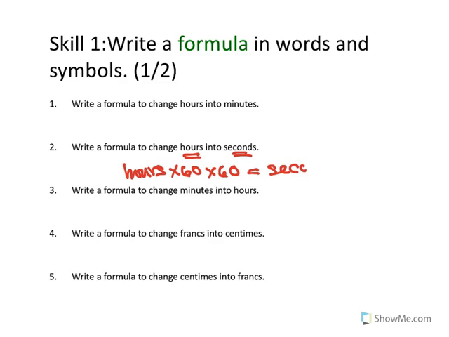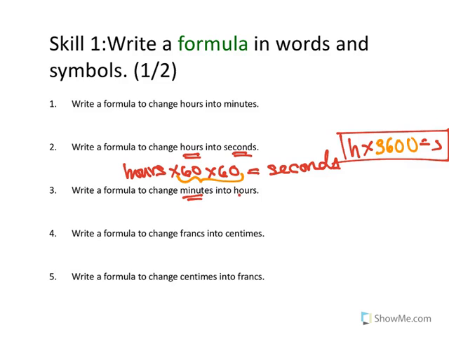And that's how you get hours into seconds. So to clean this up, I'm going to go ahead and write down the number of hours. H times 60 times 60 is 3,600, which is equal to seconds.